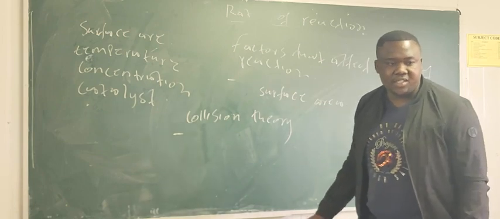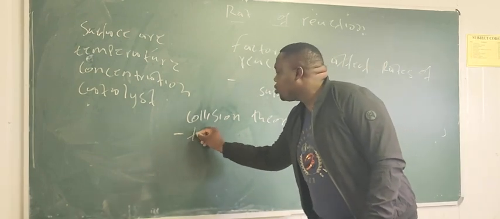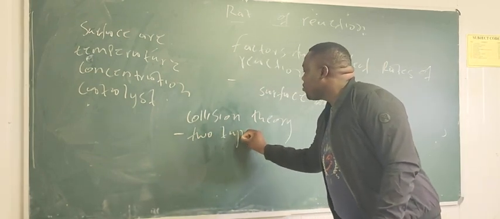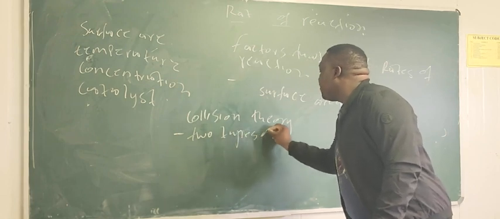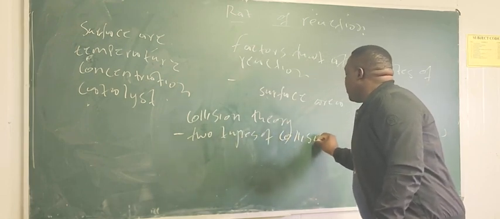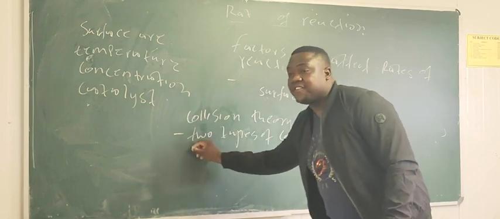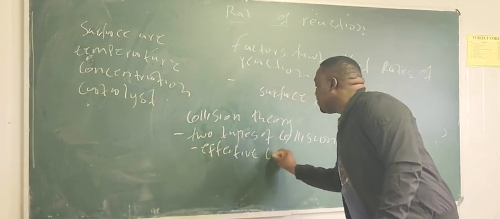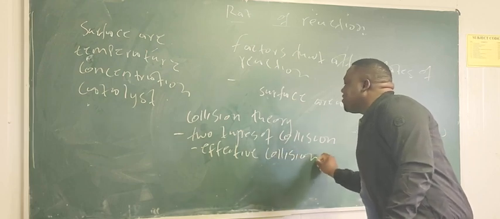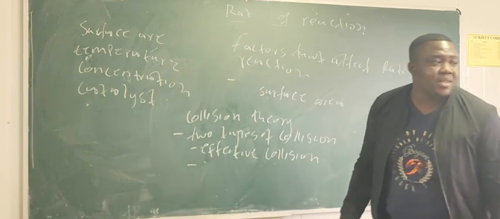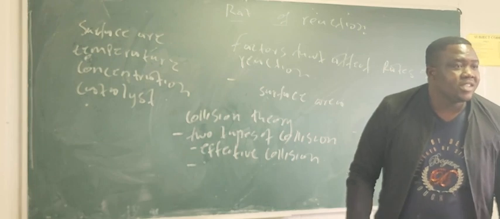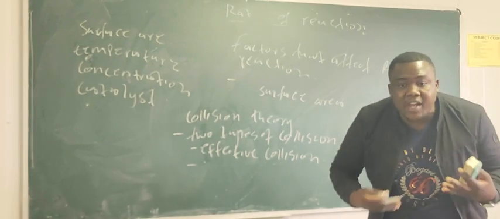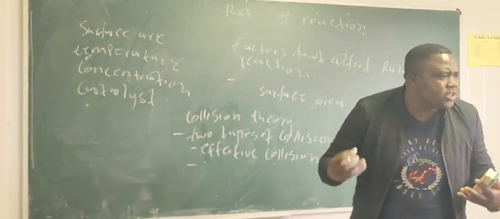The first point says that we've got two types of collision. The first one is effective collision. When we say something is effective, it means it works, right? It produces good results.